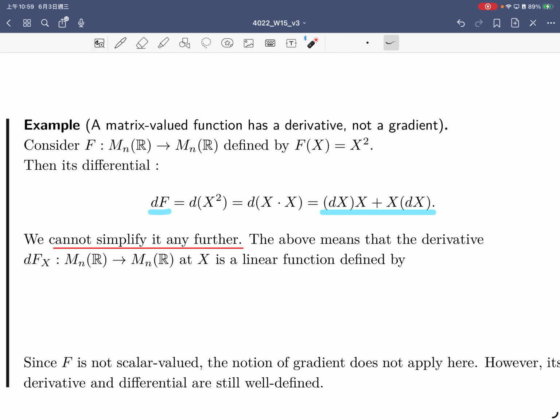But think about that. What does that mean? Although the differentiation rule is what you get, what does that mean? Because remember, differential is just a lazy way to denote the derivative. And what is a derivative? A derivative is a linear map, okay? It's a function in particular.